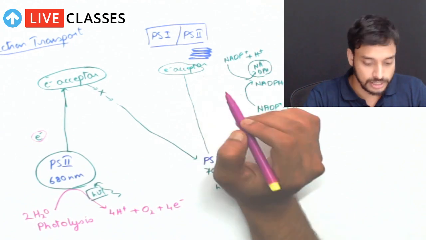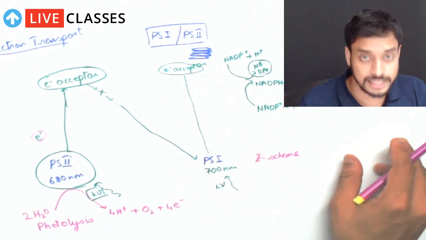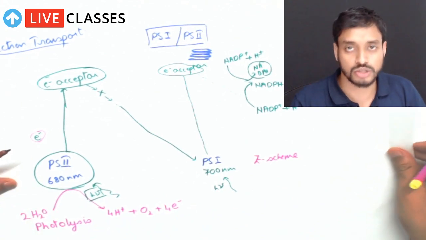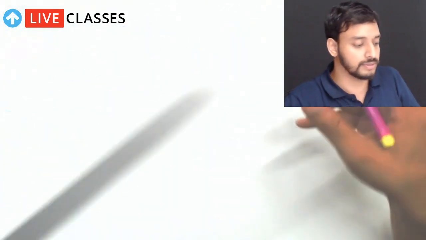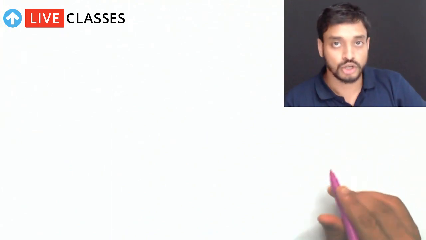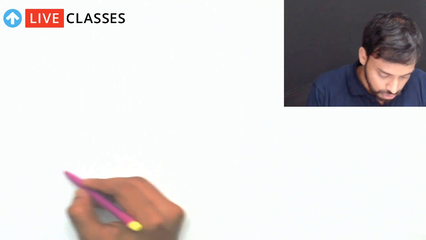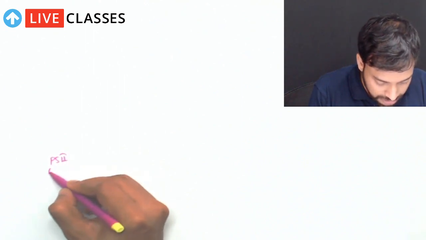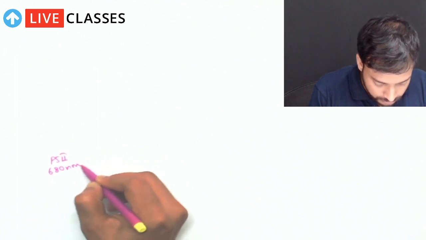You got it? So now let's see in detail what components are present in the process of photosystems. We'll discuss it in detail. Let's first talk about photosystem 2, PS2. Here we have seen 680 nanometers. Correct?